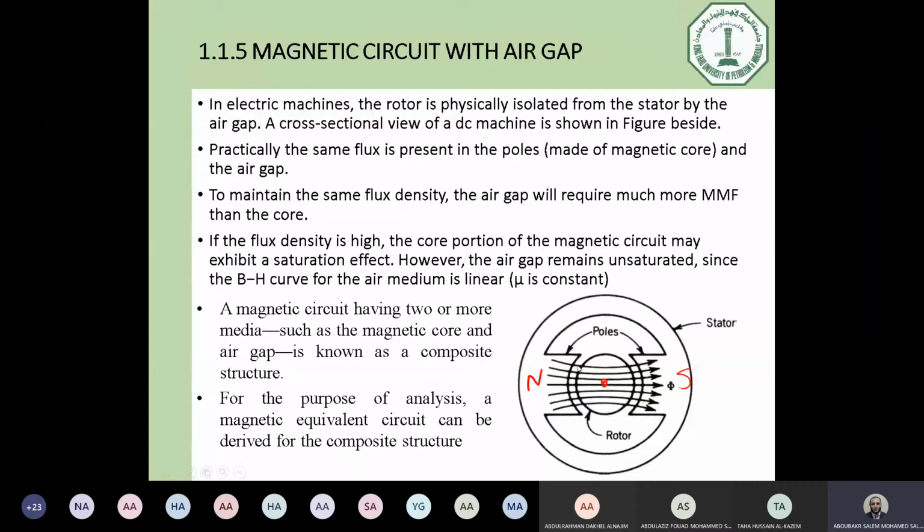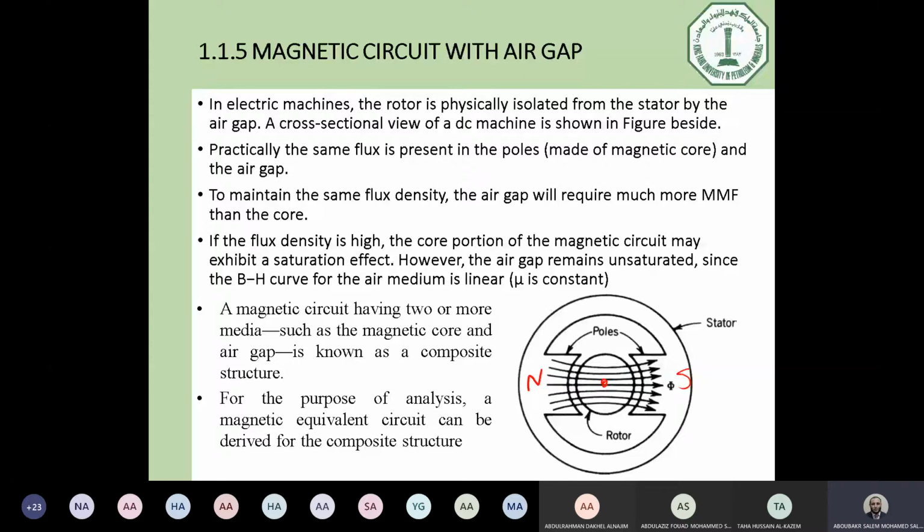And you can see the flux lines are moving from the stator core to the air gap between the stator and rotor, and after that to the rotor core, and return again through an air gap, and after that to the stator. So in machines, we have to make an air gap in order to rotate the second core. Otherwise, the core will not move. So the air gap is very important.